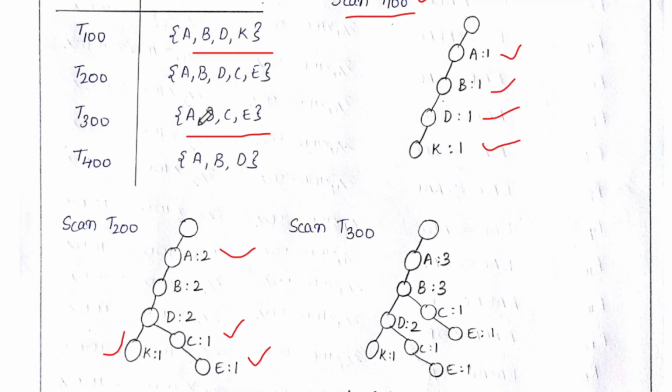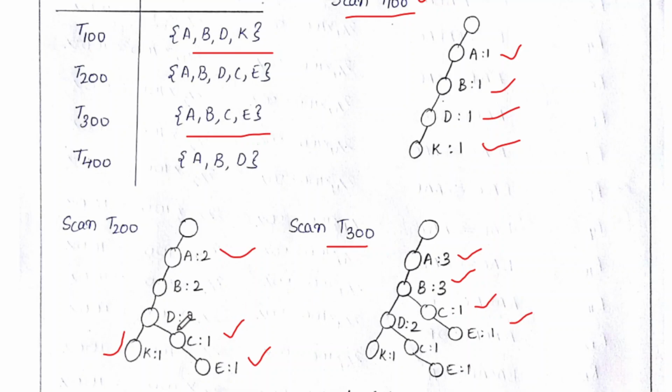Now for the T300 transaction, A is there, so I have incremented the A count to 3. Next B is incremented to 3. Next C and E are there, so for B I am going to generate one more branch, with C having a count of 1 and E having a count of 1.